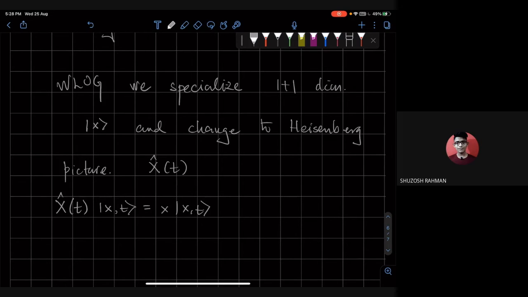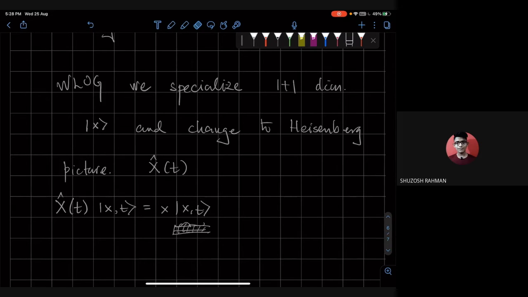I'm not saying that this t parameter is the time evolution parameter that we use in the Schrodinger equation.